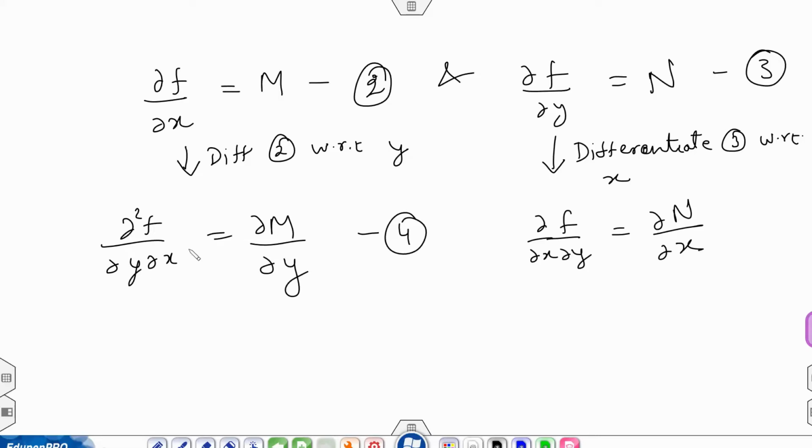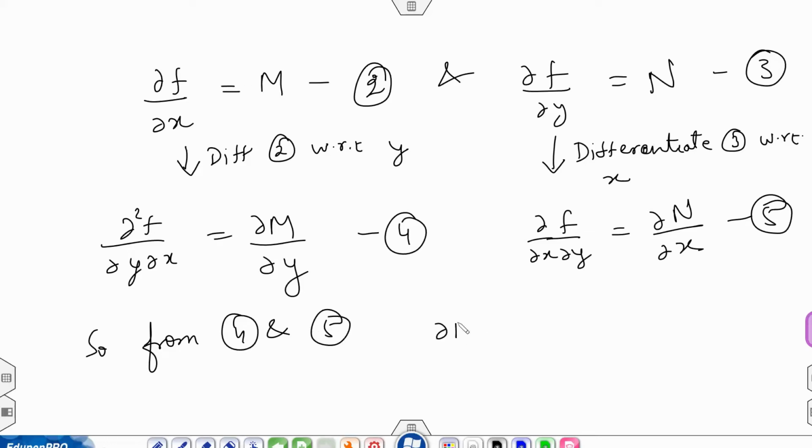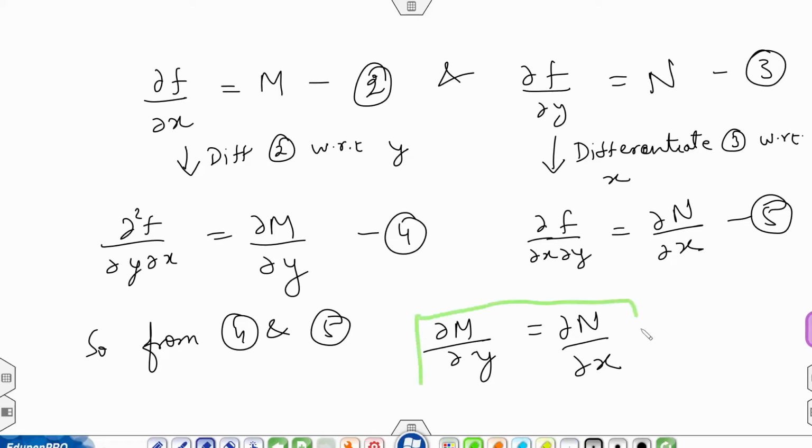Since both M and N are continuous functions, from 4 and 5 I am getting del M by del y is equal to del N by del x.